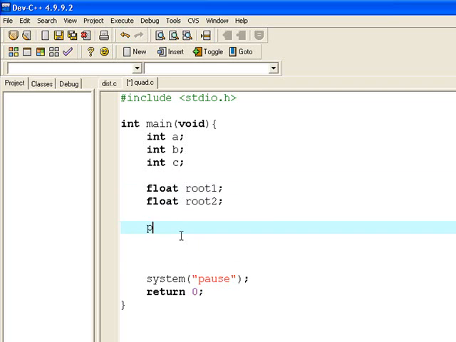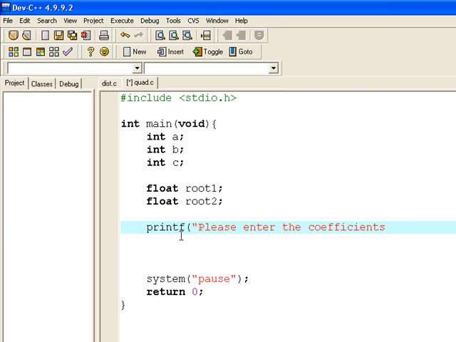We're going to do a printf. Now coefficients is just the word that's used for a, b and c, the number that comes before the x squared, the x and then the unit.